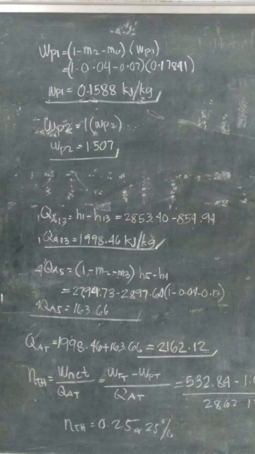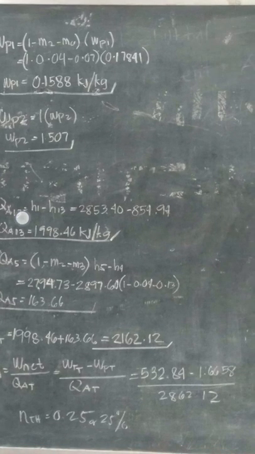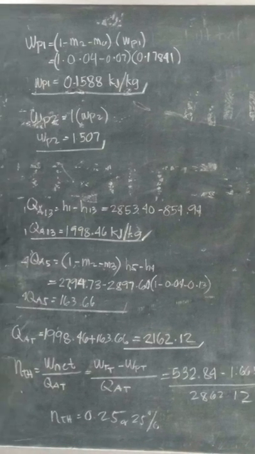We have the work pump 2 is equal to 1 times the work pump 2, 1.507. So let's proceed to find the heat rejected and heat out.